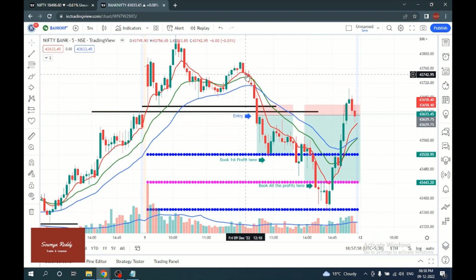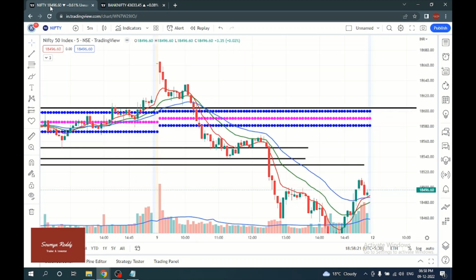We could see clearly here the 8 EMA is crossing over the 20 EMA, and the 8 EMA is coming below the 35 EMA, which is a very clear indication the market is going to fall, for which we need to wait for the price action or the breakdown.